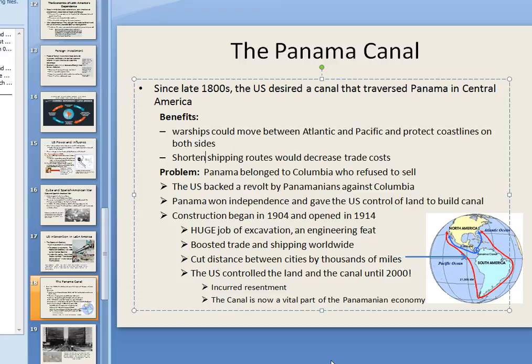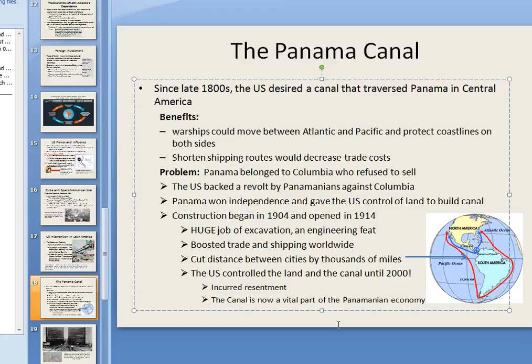Panama had belonged to Colombia, who refused to sell. So the U.S. backed a revolt by Panamanians against Colombia. Panama won independence and gave the U.S. control of the land and the area in which the U.S. wanted to build the canal. And construction began in 1904 and lasted until 1914.